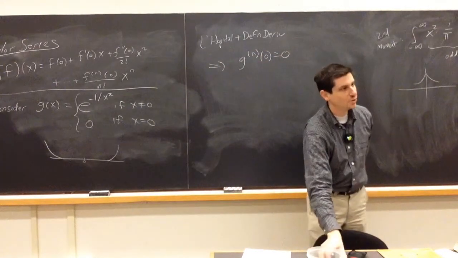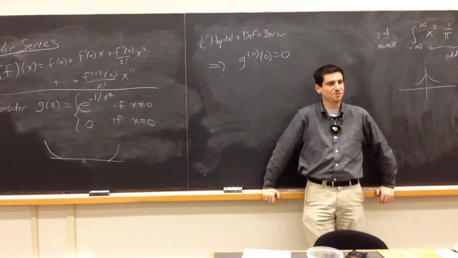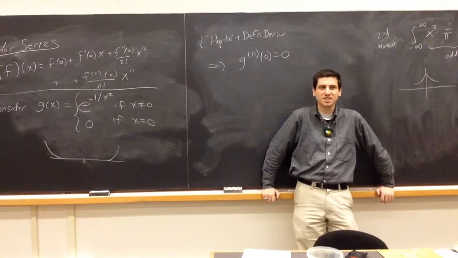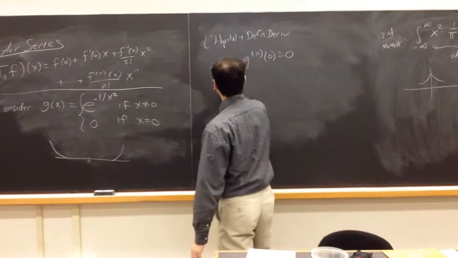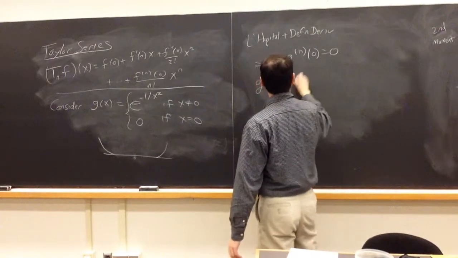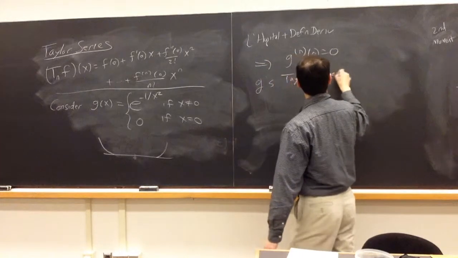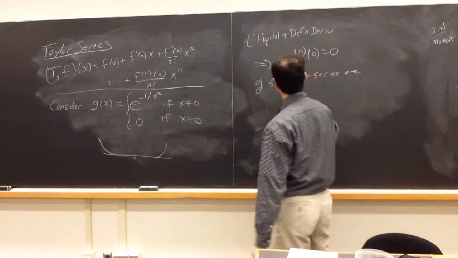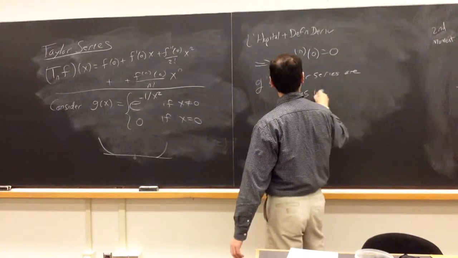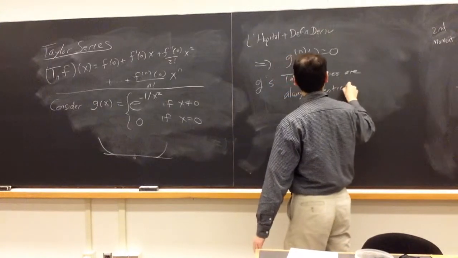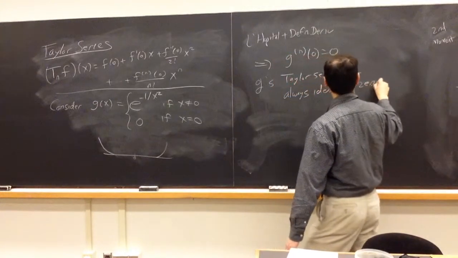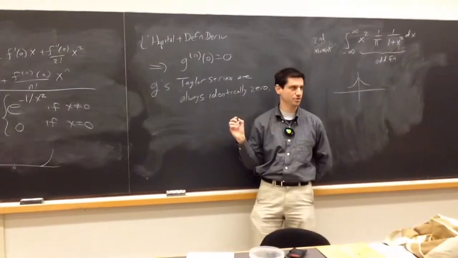Oh dear. What does that give us for the Taylor series expansion? Its Taylor series expansion is identically 0. So g's Taylor series is always identically 0. This is disastrous.